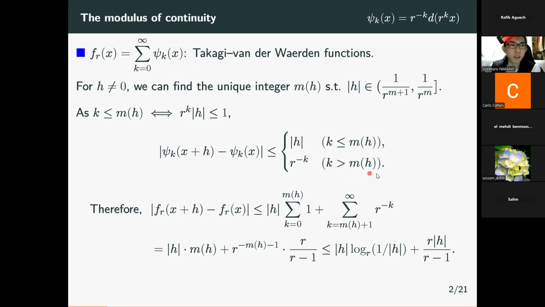And if k is greater than m(h), the increment is bounded by r^(-k). Therefore, we can evaluate the increments of f_r like this. The upper bound is the absolute value of h times log_r of 1 over the absolute value of h, plus some constant times the absolute value of h.